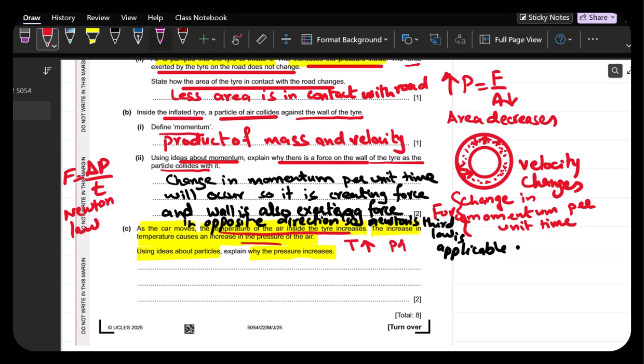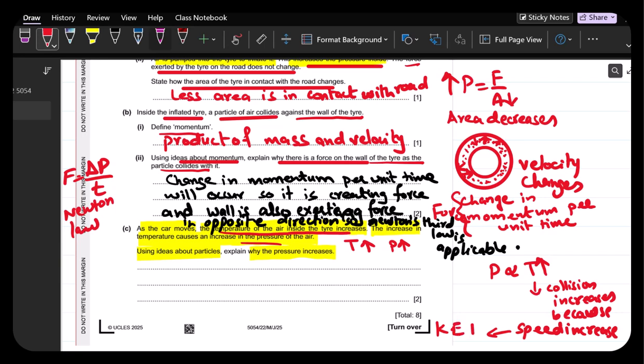So pressure is directly proportional to temperature. When temperature increases, collision increases because speed increases. If speed increases, kinetic energy also increases because kinetic energy is equal to 1 over 2 mv square.